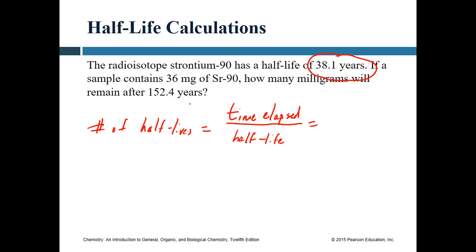We are told that the time that elapsed is 152.4 years. We're also told that the half-life is 38.1 years. Do a quick calculation here. 152.4 divided by 38.1 would give me 4 half-lives.